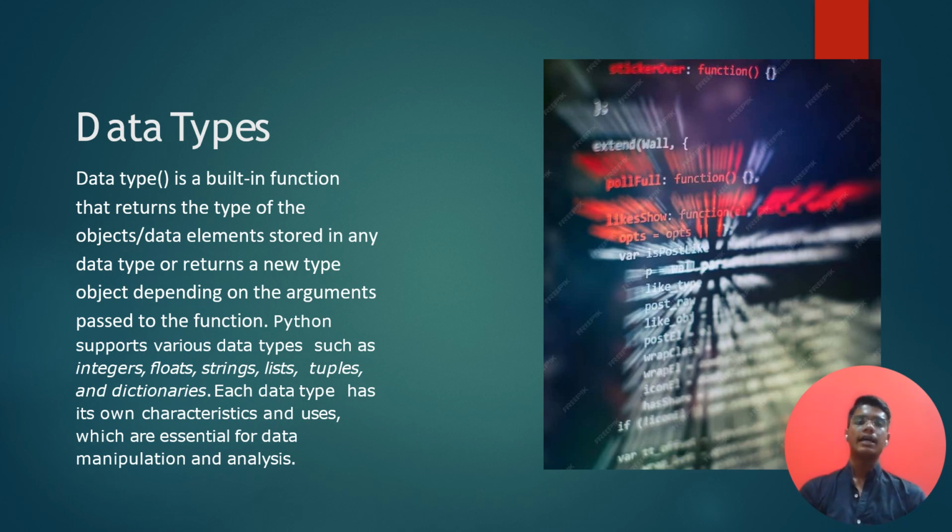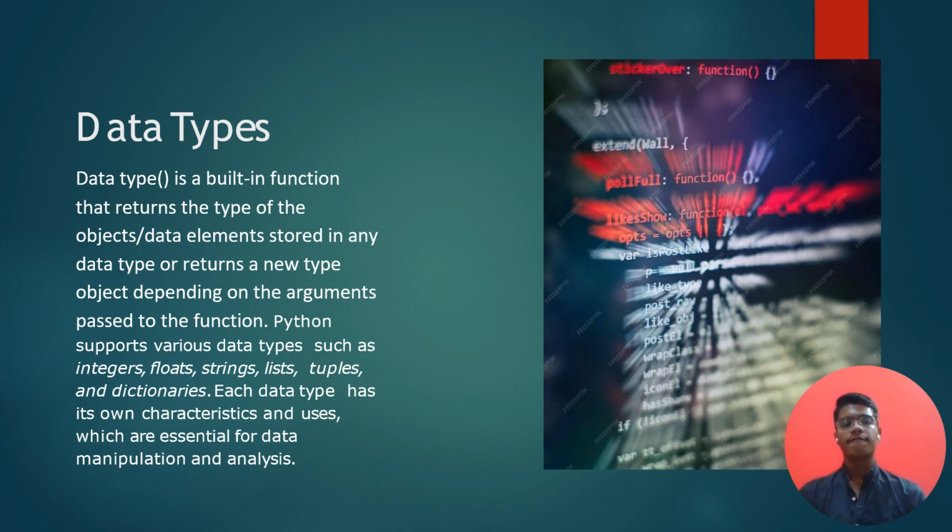Now we talk about data types in Python. So what are data types? Data type is a built-in function that returns the type of the objects or data elements stored in any data type, or returns a new type object depending on the arguments passed to the function.